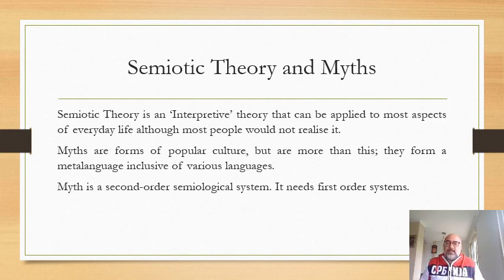First-order systems are something that we name things. For instance, this is a pen, this is a pencil, or these are reading glasses, and so on. But a myth is a second-order semiological system which uses the information provided by this first-order system.